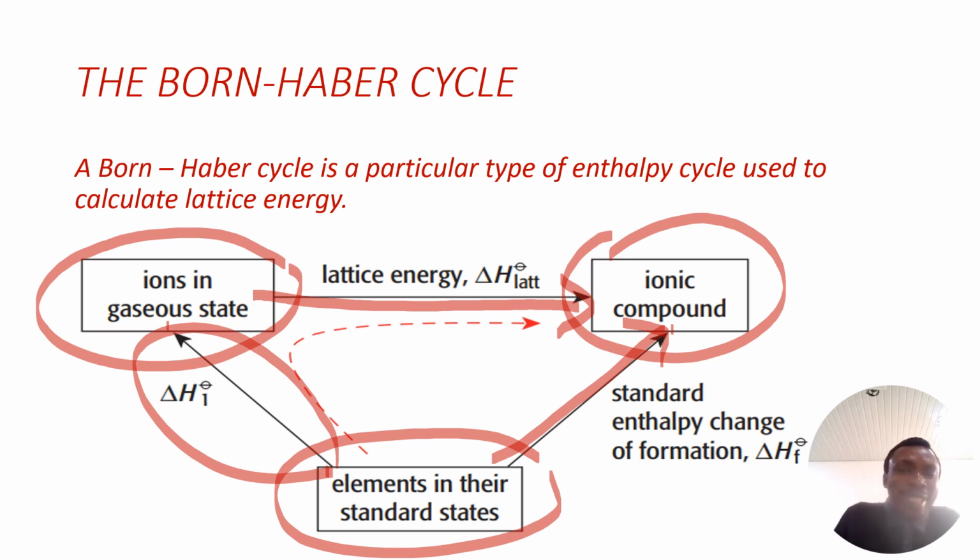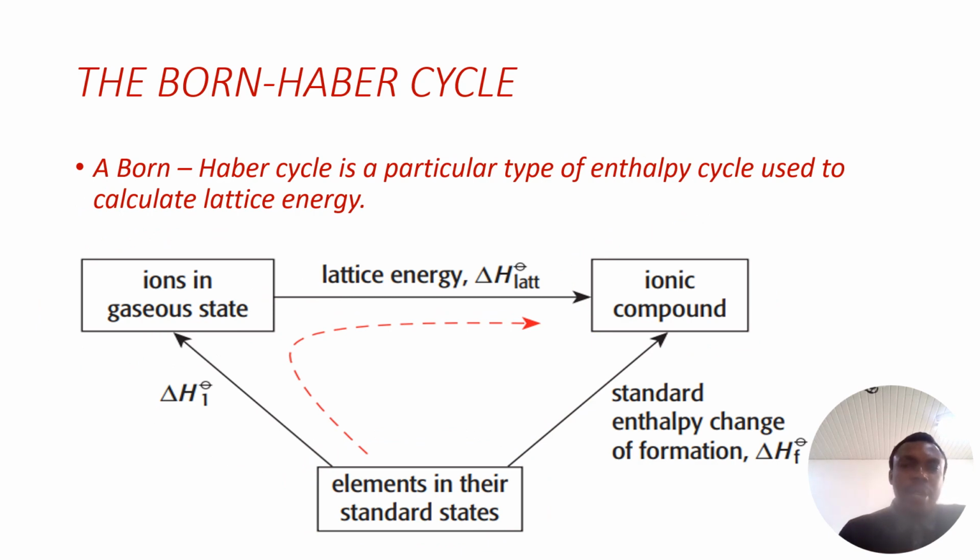We are looking at the enthalpy change of ionization of the metal and the enthalpy change of electron affinity of the non-metal. So from elements in their standard states to ions in gaseous state has to do with the atomization of the metal and atomization of the non-metal, ionization of the metal and electron affinity of the non-metal.